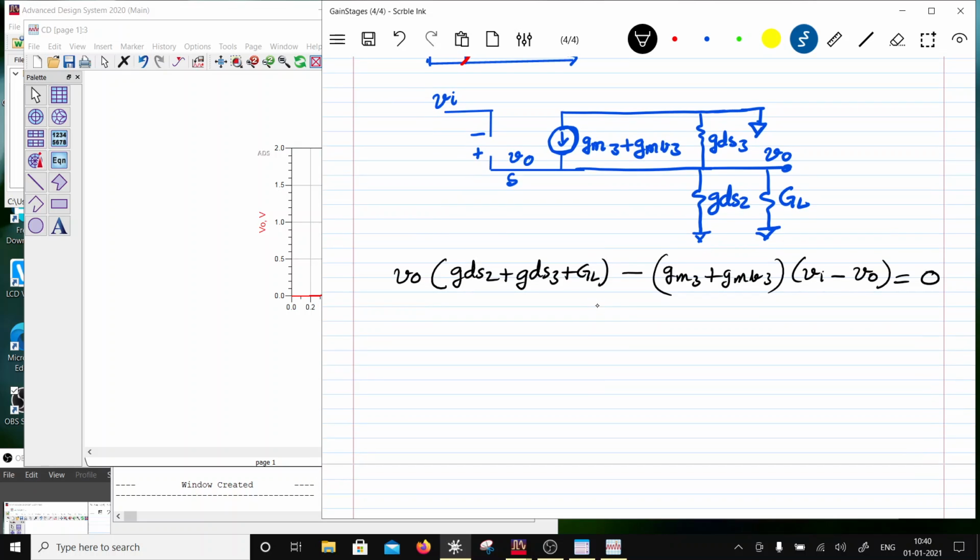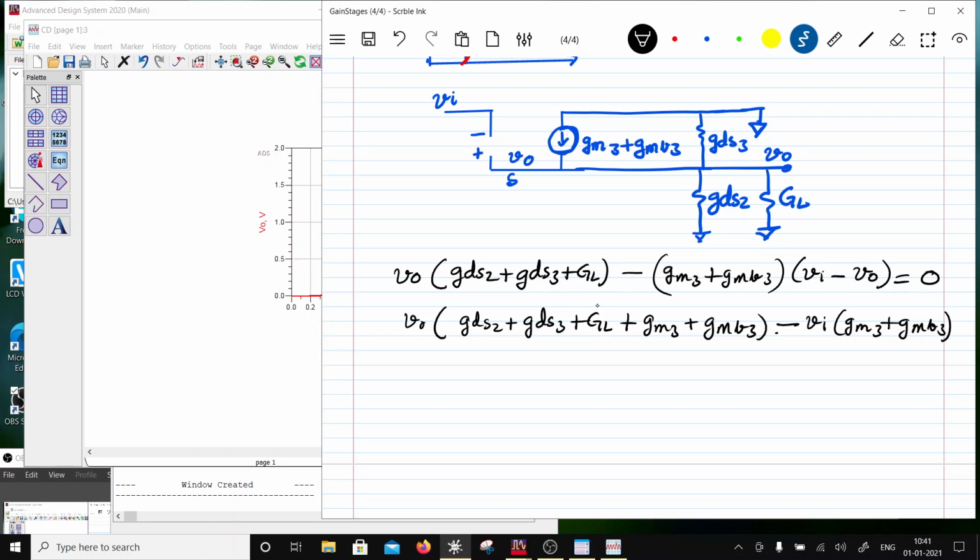So what I'm going to have is VO times GDS2 plus GDS3 plus GL plus GM3 plus GMB3, minus VI times GM3 plus GMB3, equal to 0.